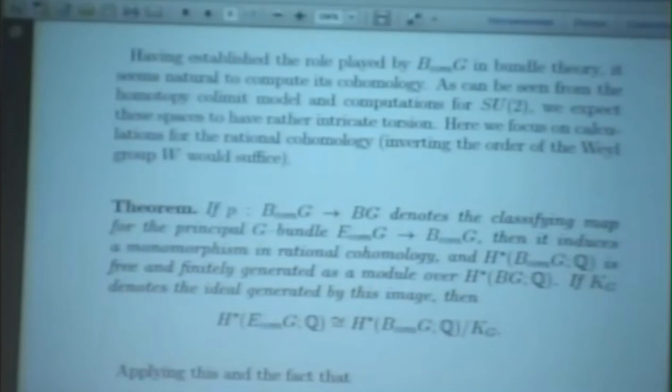So that map I wrote down there, it's a monomorphism, it's injective, and the cohomology of BcomG is free infinitely generated as a module over this cohomology. If this is the ideal generated by this image, then in fact you can write the cohomology of BcomG as this cohomology ring modulo that ideal. So if you want a simple application of the Eilenberg-Moore. So you say, well, let's apply this and see what we can get.